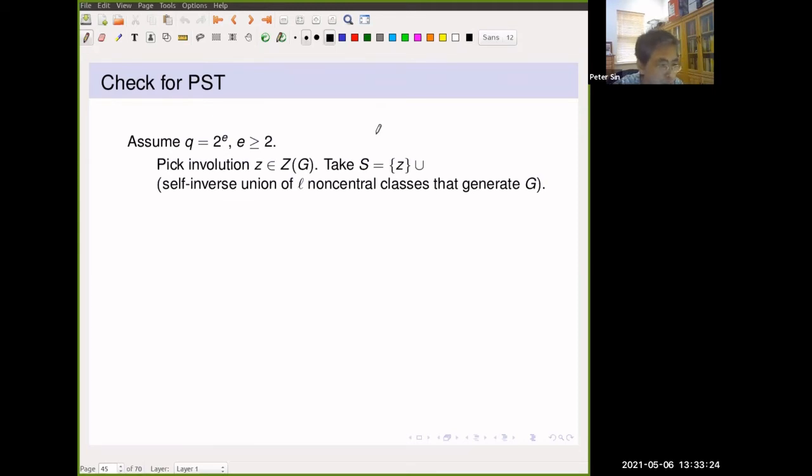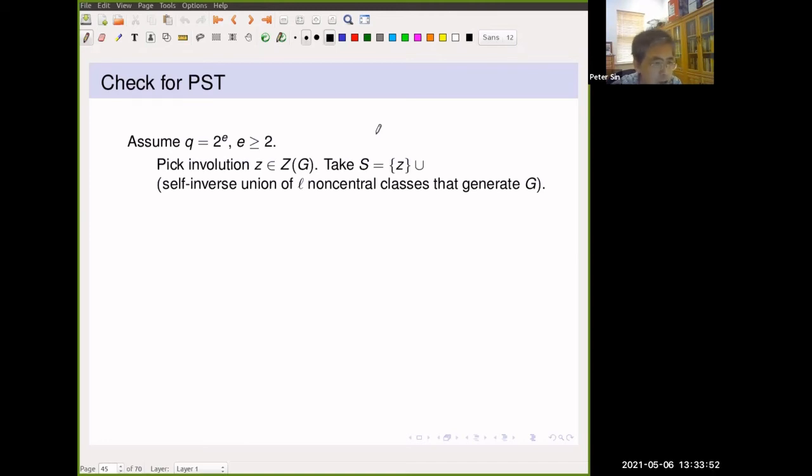Let's pick an involution in the center, and take S to be the union of this involution and a union of L non-central conjugacy classes. We want them to generate G to get a connected graph, and we want the whole union to be self-inverse in order to have an undirected graph.